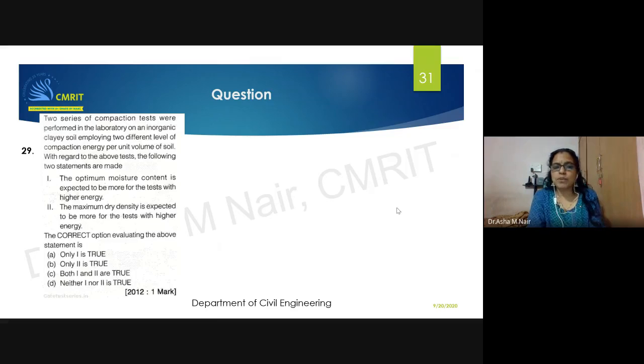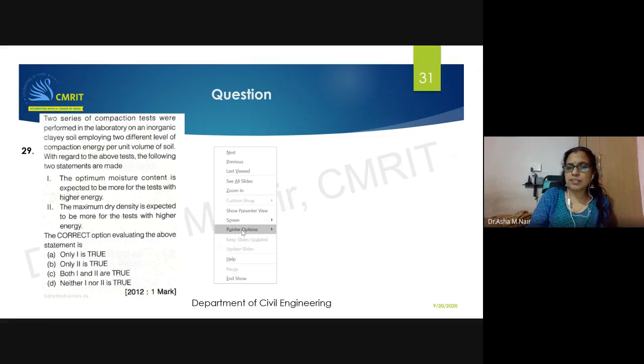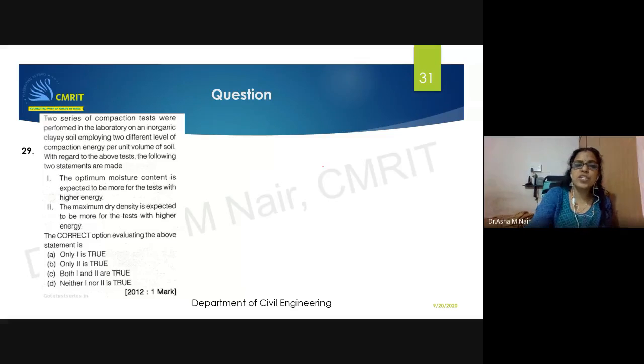The first statement: the optimum moisture content is expected to be more for the test with higher energy. The second: the maximum dry density is expected to be more for the test with higher energy. Before you start answering, you should have in your mind the compaction curve as well as its relation with the energy.